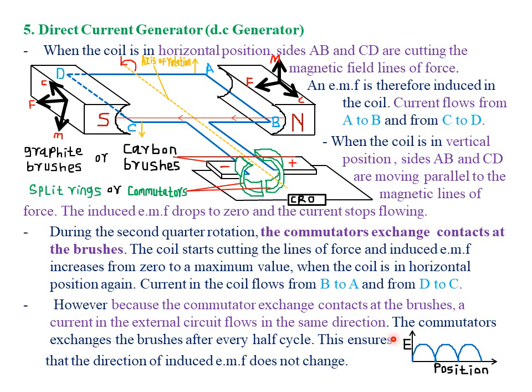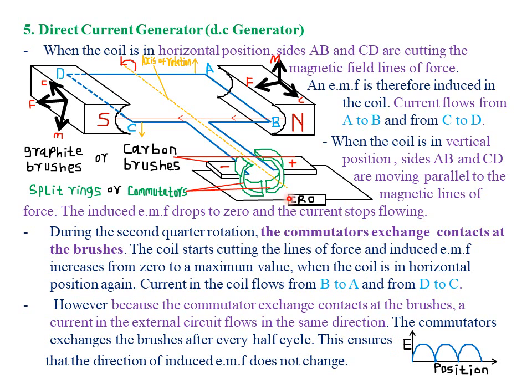Therefore, the graph of induced EMF against the position of the coil will be in this particular manner. The induced EMF is not in the opposite direction because of the changing commutators, unlike the AC generator, where we had current moving in the opposite direction, that is on the negative side of the EMF axis.